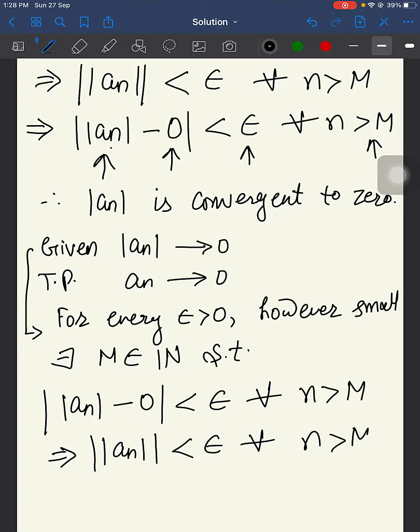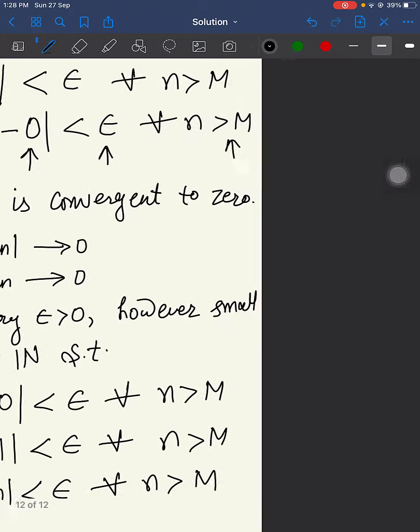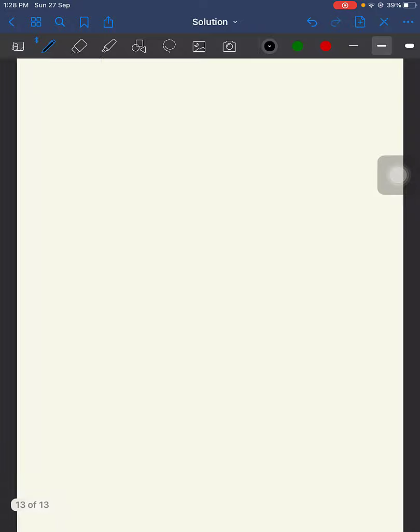It doesn't matter if we take the mod once or twice, because once it is a positive number, if we keep on taking the mod, it will make no difference. So this expression can be written as mod an minus 0 less than epsilon for all n greater than M.